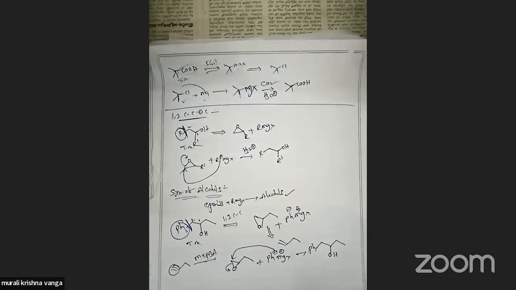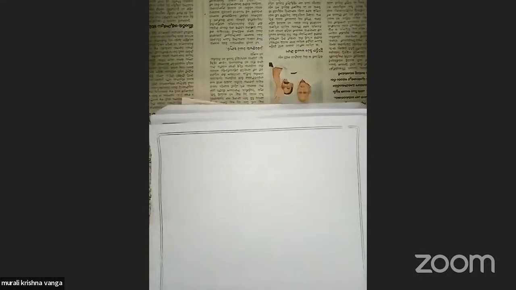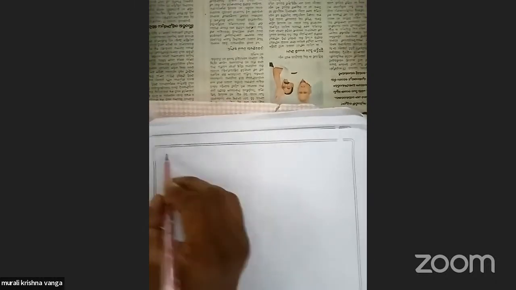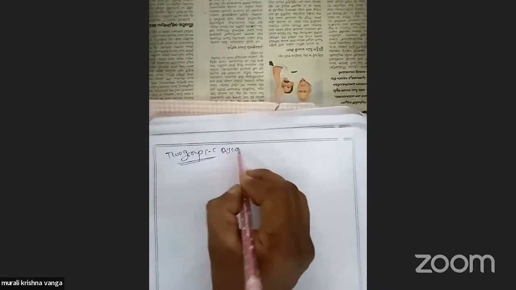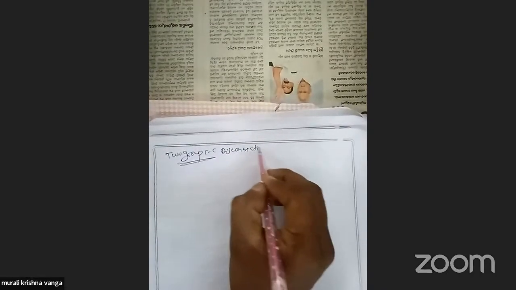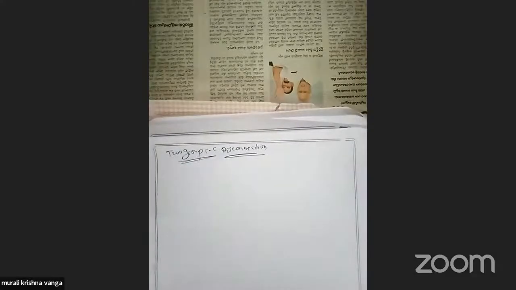Next example is two-group C-C disconnection.